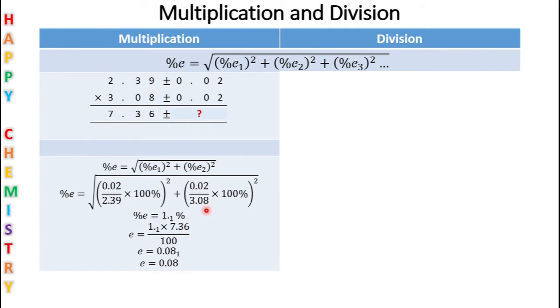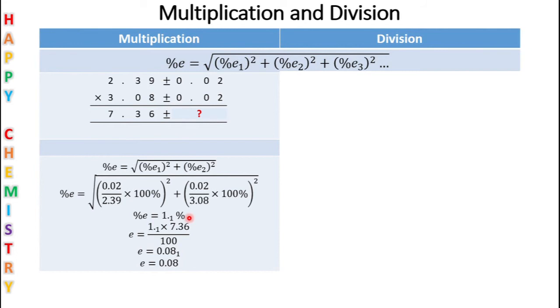And then the square root is taken. There should be one significant figure in the answer. However, initially it is written as 1.1%, where 1 in the decimal place is subscripted to carry out in the calculation as an extra digit.